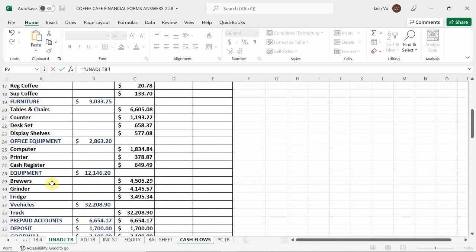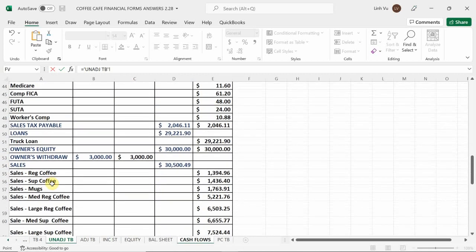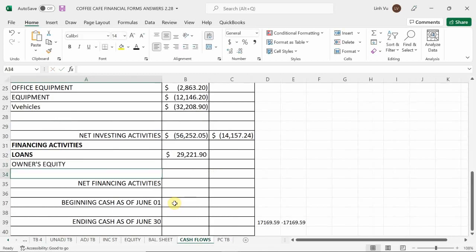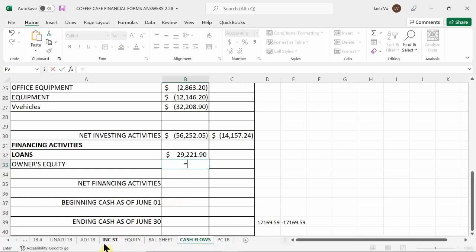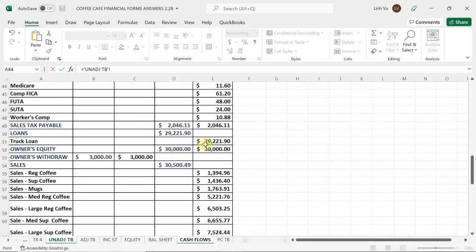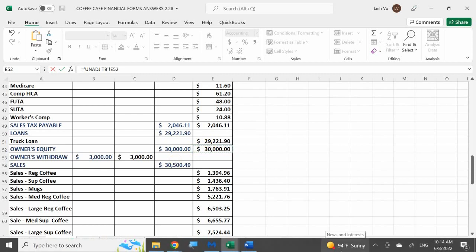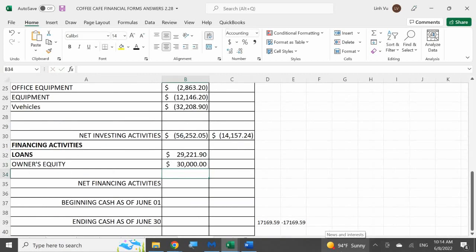I invested with my owner's equity for $30,000. So that means that's $30,000 that I originally had to begin with in my company. And then what were things that you also took out from your company?